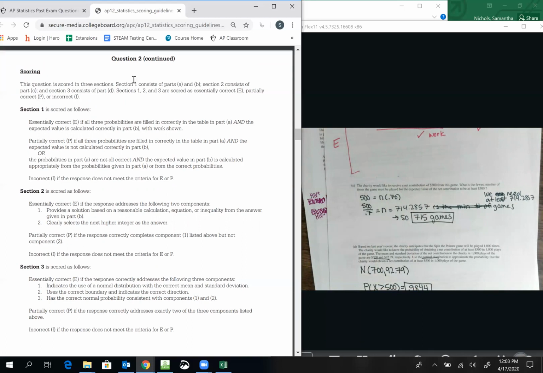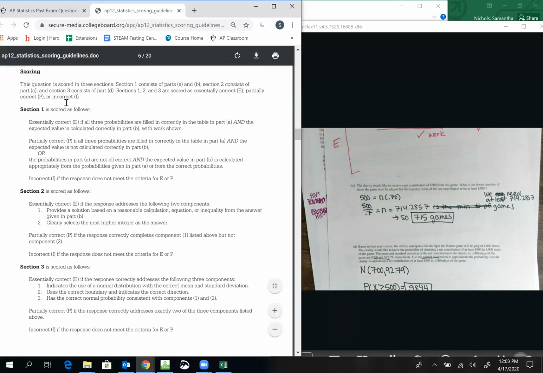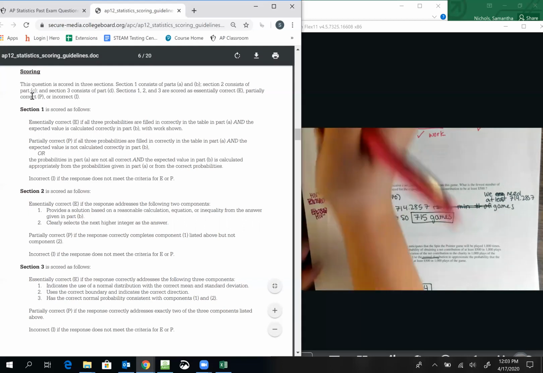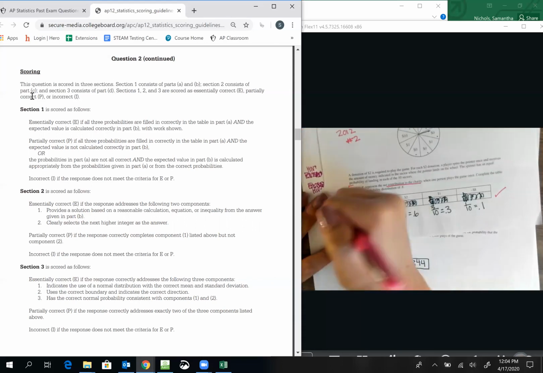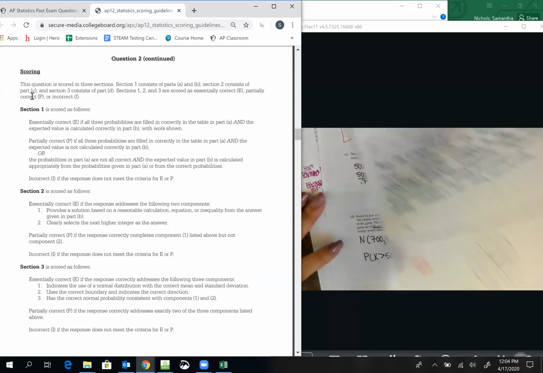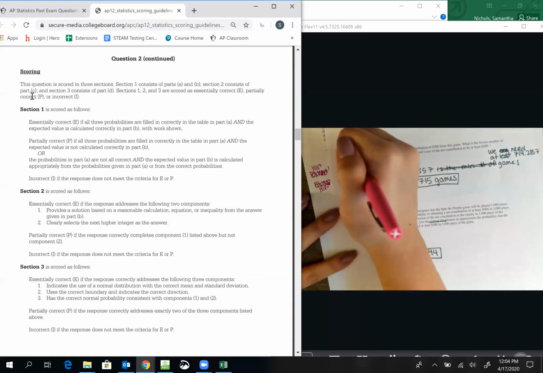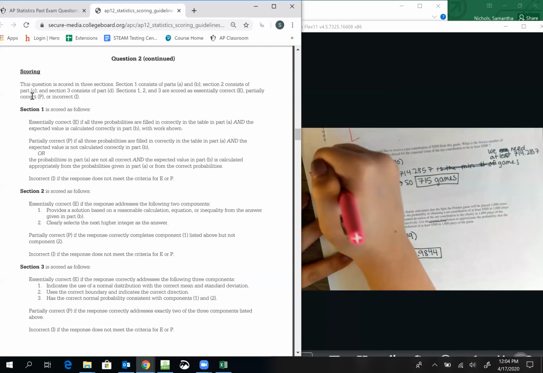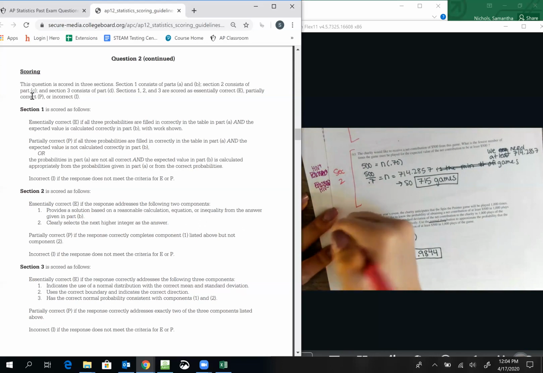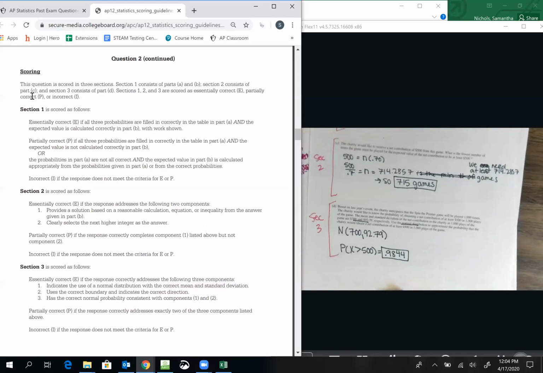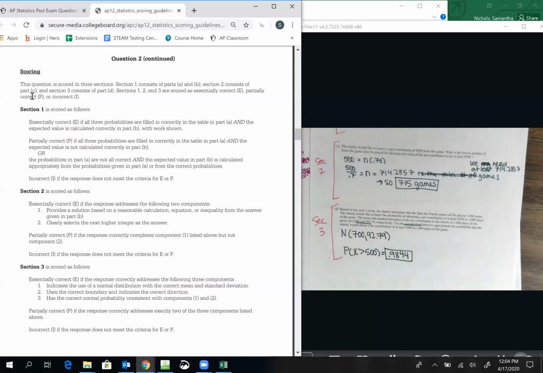Section 2 is part C. And part D is section 3.